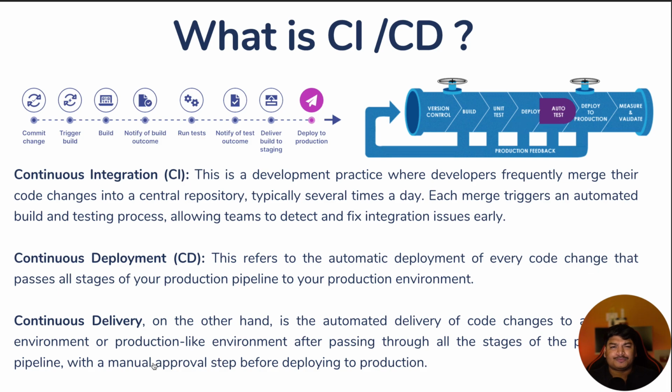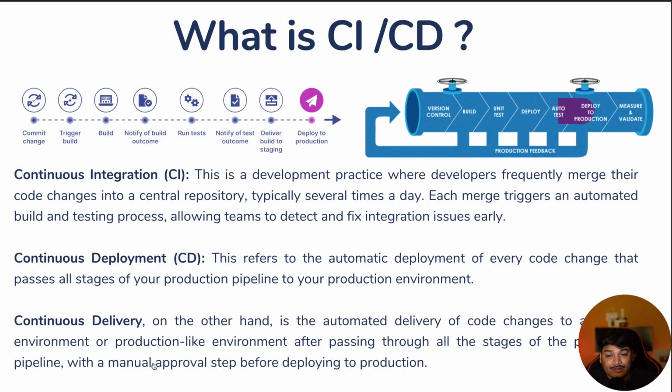Okay. Now, what are the typical steps involved in CI/CD? First, there should be a code change. Second, the code change will trigger the build. Then the notification, whether it is a success or failure, will go out for the build part. Then after the build happens, it will run the tests. Okay. And after the tests succeed, it will notify the outcome, maybe via Slack or email or whatever it is.